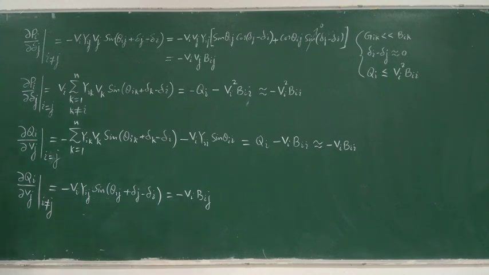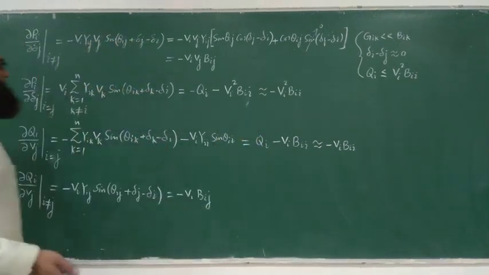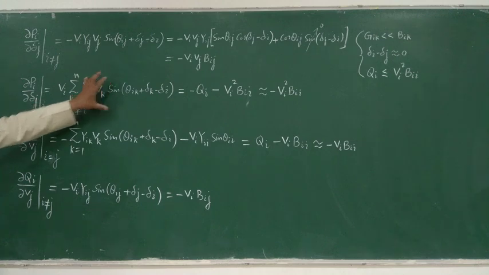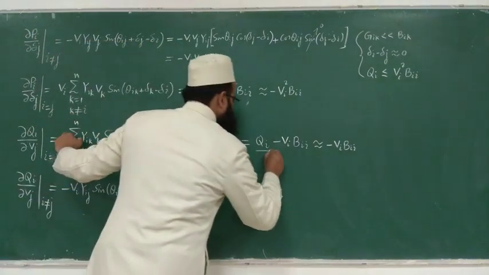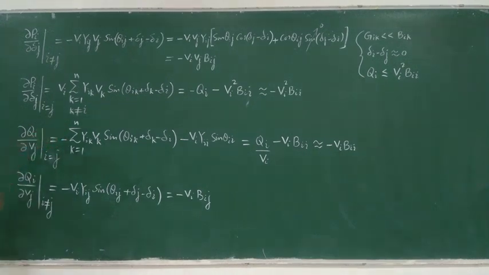We have made one mistake here. What is the formula of Qi? Qi is Vi times this, isn't it? But Vi is not there, so we have missed that and we need to consider it.